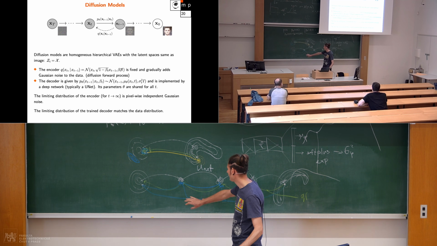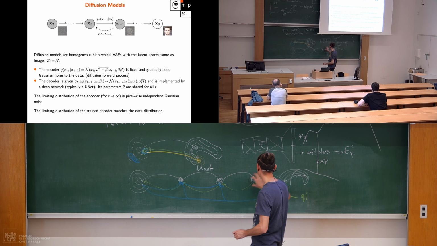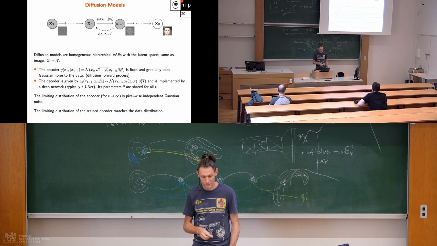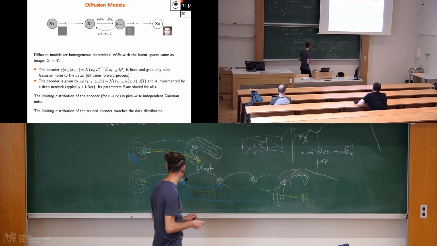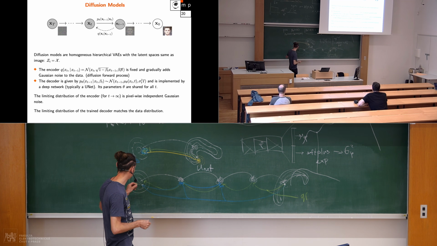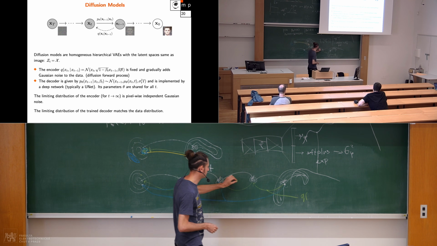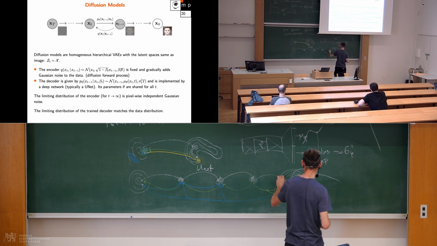So at every step it generates something, progressively. There is now not so much interpretation of this latent space, because the latent representations consist of this and also the noises that we've been generating in all of these steps.